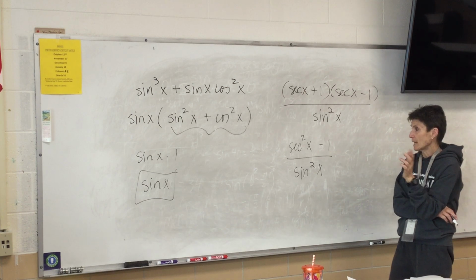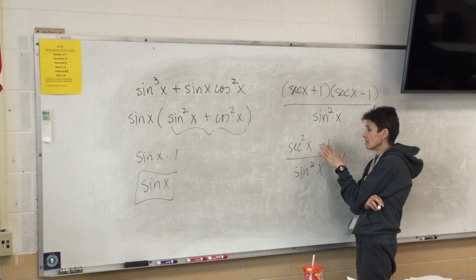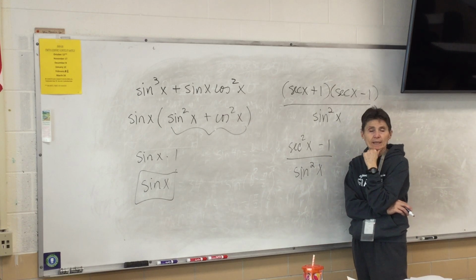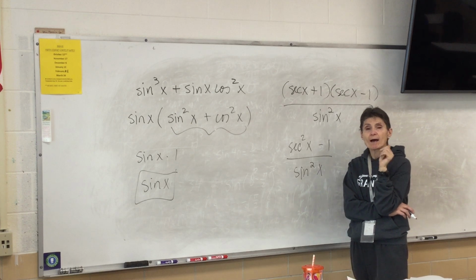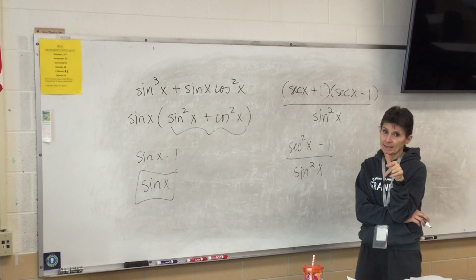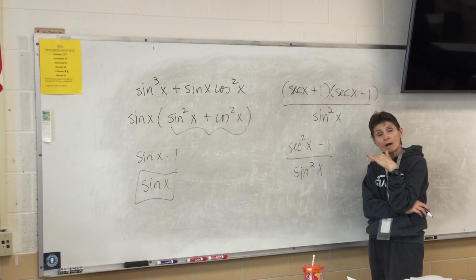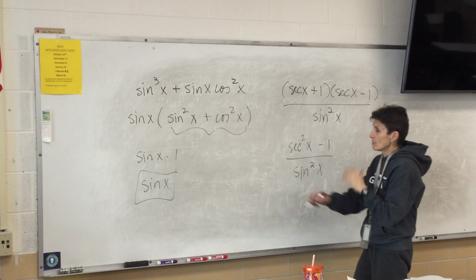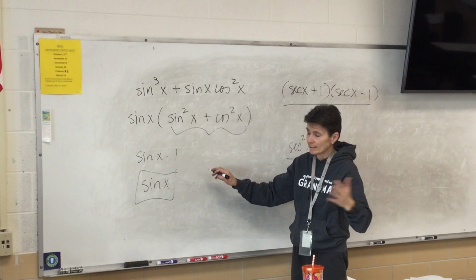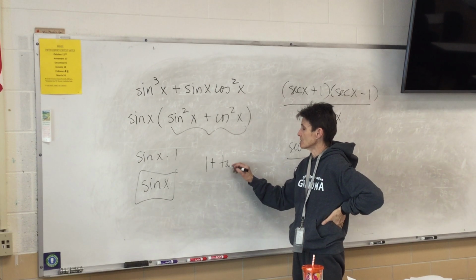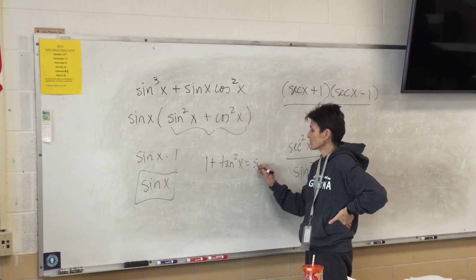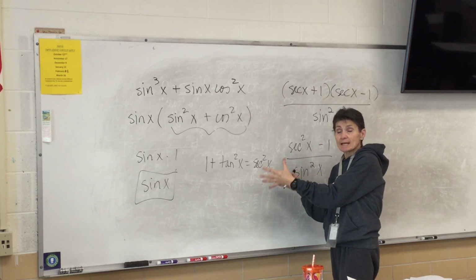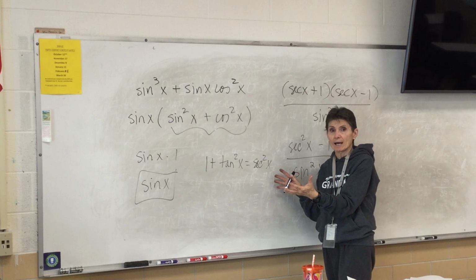I want you to look at this numerator. The numerator has a 1 and a secant squared in it. You have a Pythagorean identity that has a 1 and a secant squared in it. Remember, the identity as written is 1 plus tangent squared is secant squared. But that's an equation, that's an identity, it's true all the time.